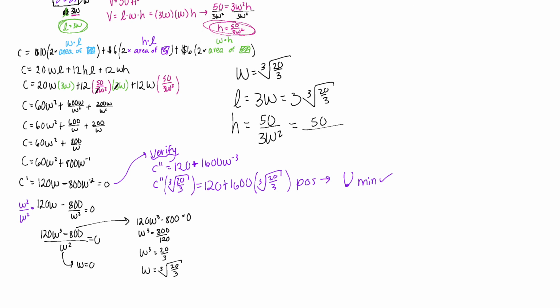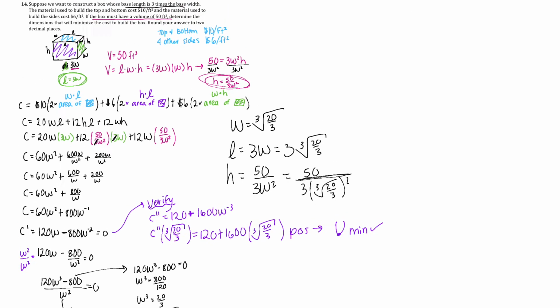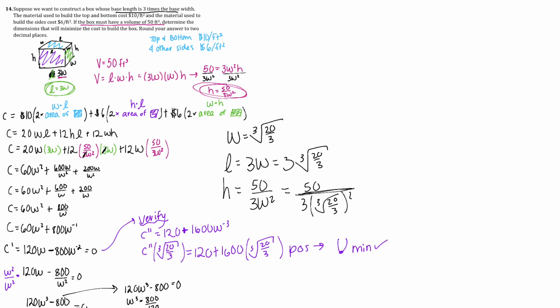So 50 over 3 times cubed root of 20 over 3 squared. It's going to be nasty to put into your calculator. You do have to round this one to 2 decimal places. So when it all comes down to it, you're going to get w is approximately 1.88 feet. You're going to get that length is approximately 5.65 feet, and that the height is approximately 4.71 feet.